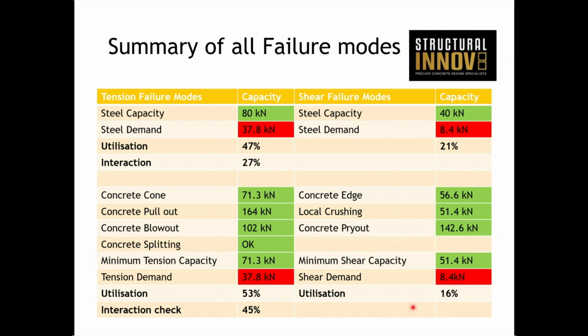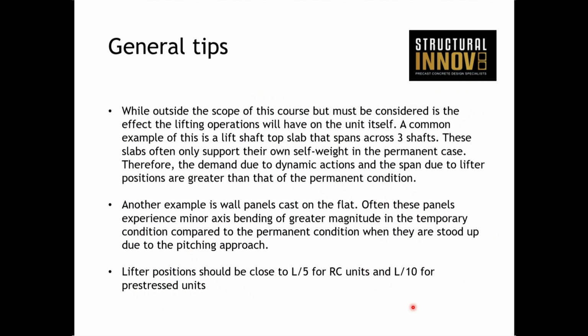So the final slide that I have is just some general tips just to finish it out. When you're doing lifting design, you should always be conscious of where you're putting the lifters. Generally, but not always, the demands on the unit itself are going to be less when you're lifting than in its permanent state.